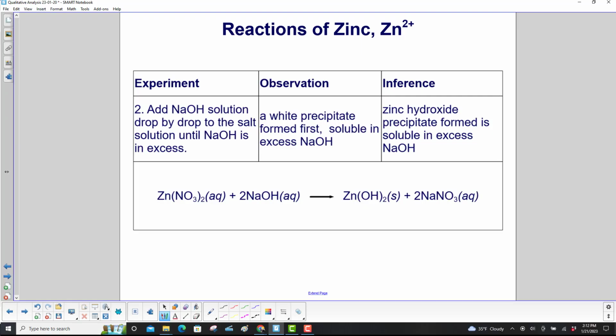Add sodium hydroxide solution drop by drop to the salt solution until sodium hydroxide is in excess. Observation: a white precipitate formed first, soluble in excess sodium hydroxide. Inference: zinc hydroxide precipitate formed is soluble in excess sodium hydroxide.